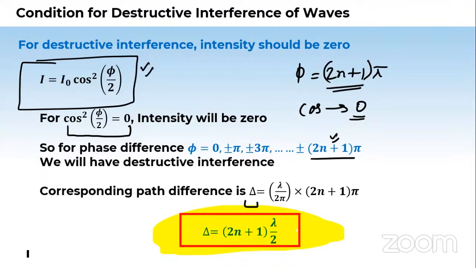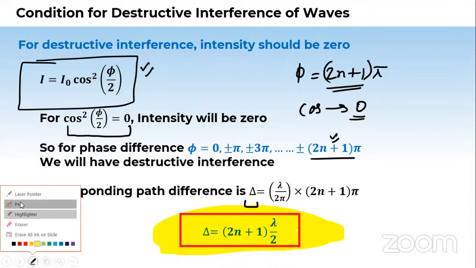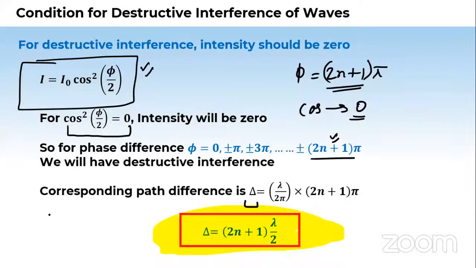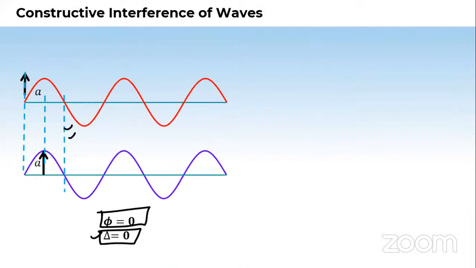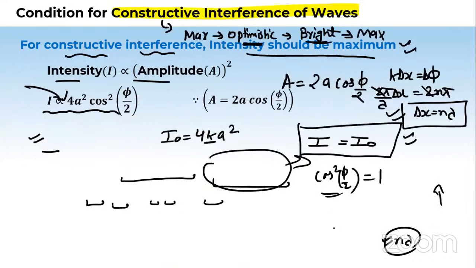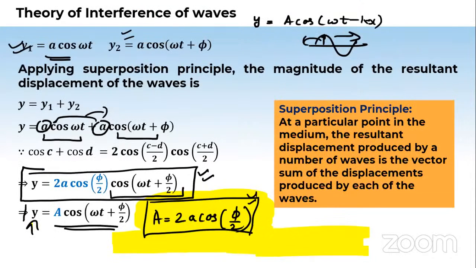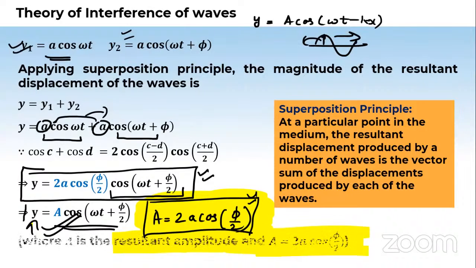So understand here, we now have two conditions. Remember it always. The first is just the interference wave. It's not a condition, by the way, it's the general interference wave equation.